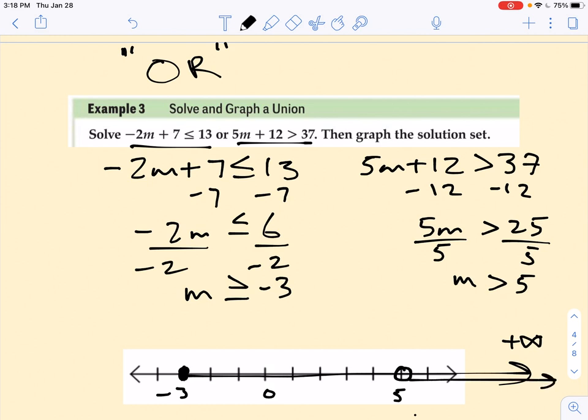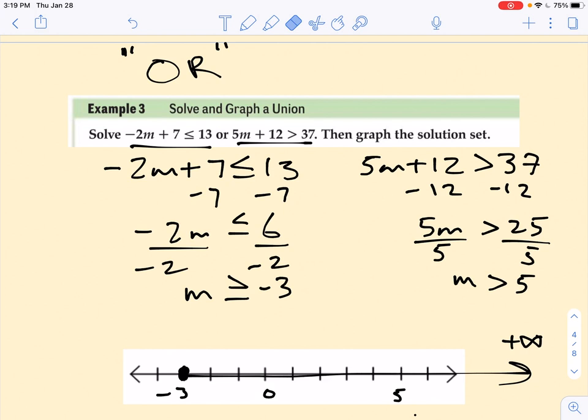So what you have to ask yourself when you have a situation like this is, okay, how can I summarize this in the most neat way possible? Well, you really don't need m is greater than 5 on here because it's already included in m is greater than negative 3. 5 is in that set. 6, which is greater than 5, is also greater than negative 3. And you can see that anything that falls in the solution set for m is greater than 5 already falls into the solution set for m is greater than negative 3.